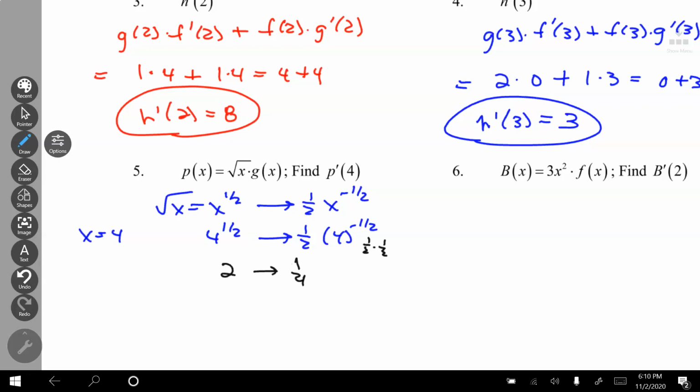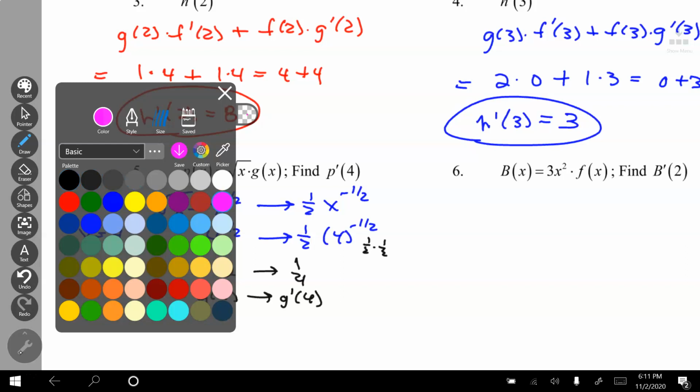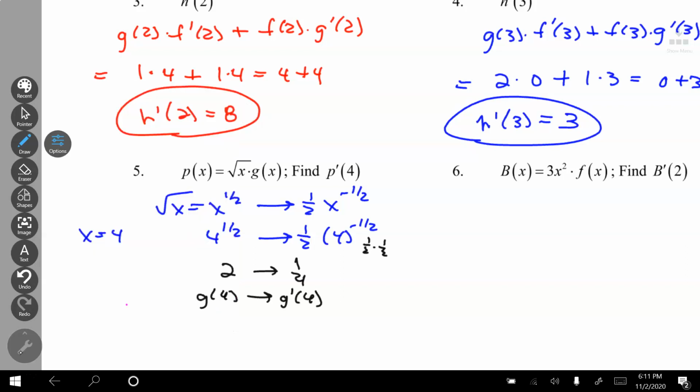And now I'm going to do g of 4, and it becomes g prime of 4. And when I do my crisscross, I do it this way first. 1/4 g of 4 plus 2 times g prime of 4.